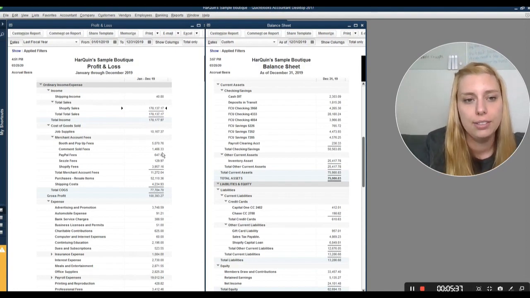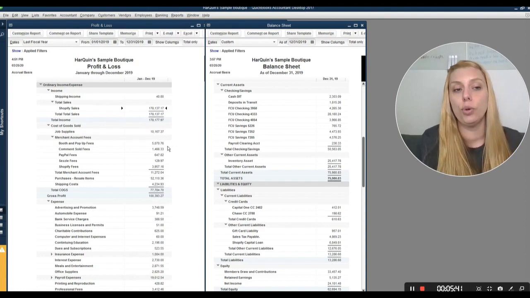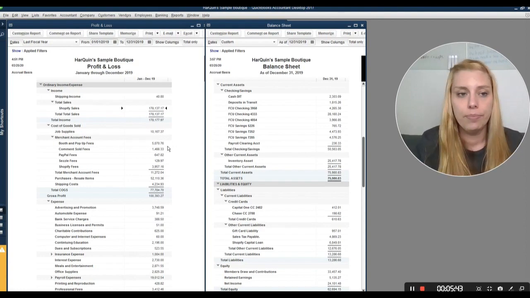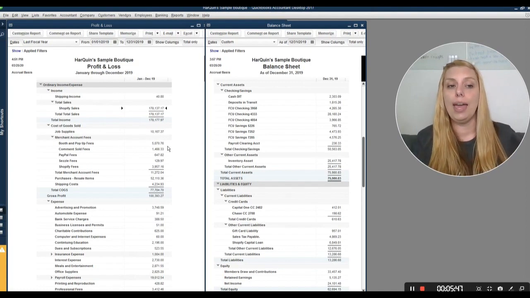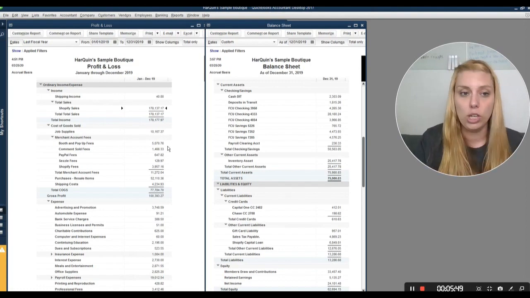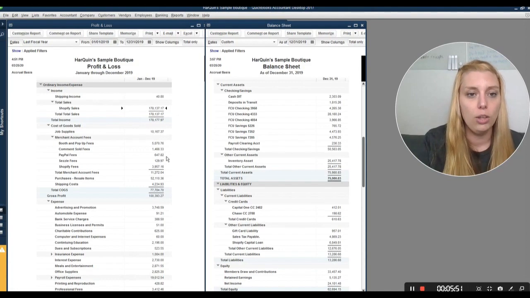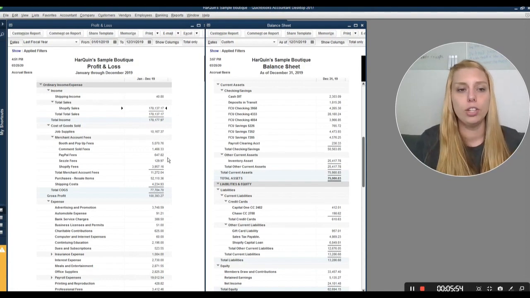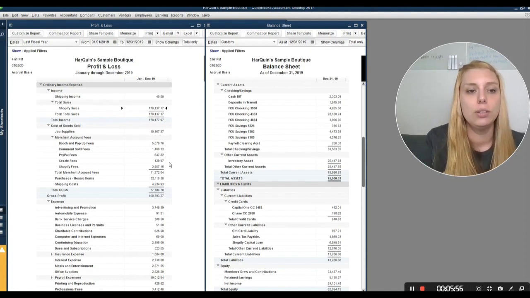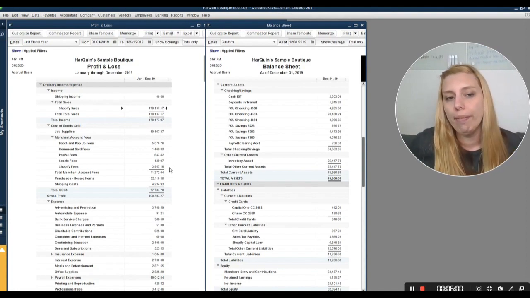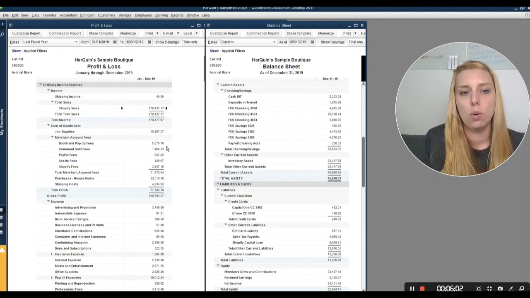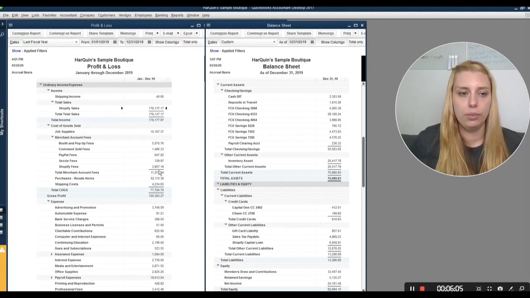But if you go down here into fees, it sells through booths and events. It sells through Comments Sold, which likely means that it has Comments Sold connected through Shopify. It uses PayPal as a checkout feature. It uses Sezzle as a checkout feature, and it also uses Shopify. So this is us recording the merchant account fees for each of those.